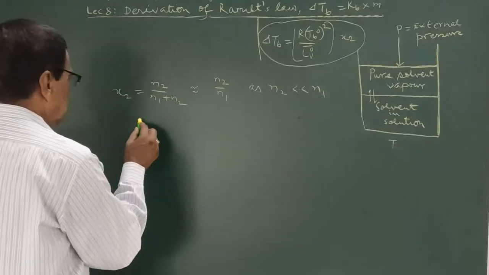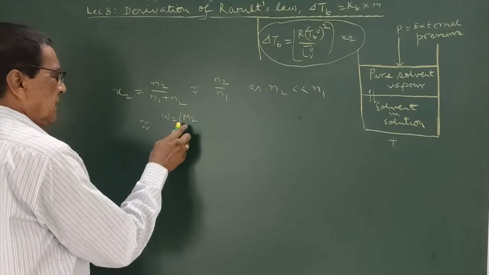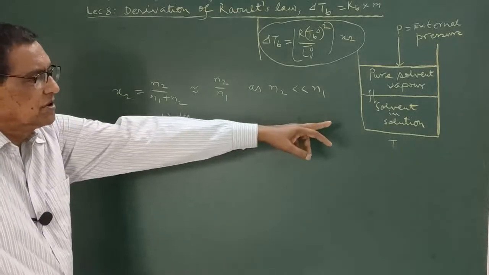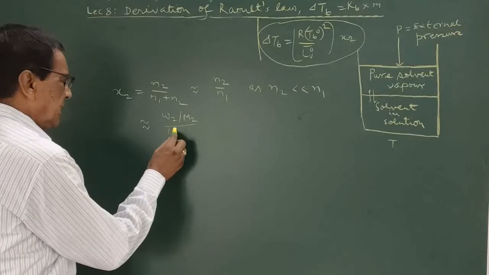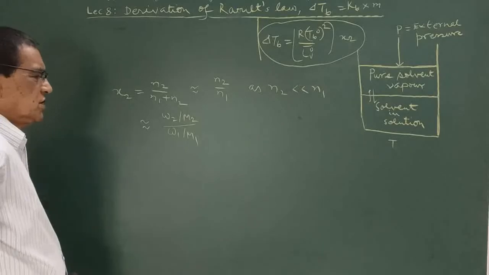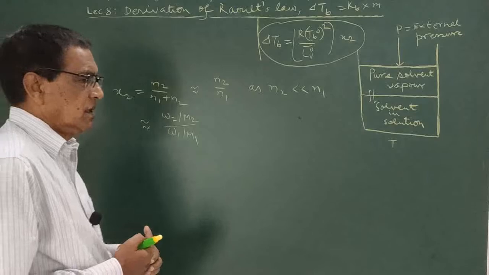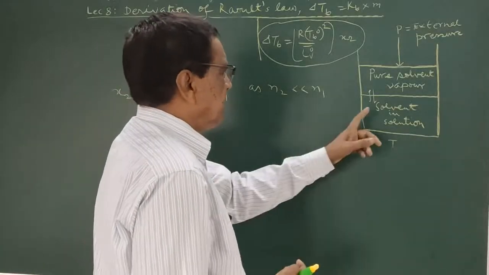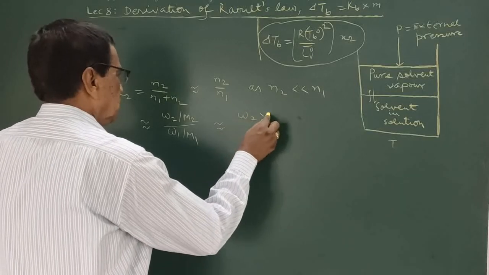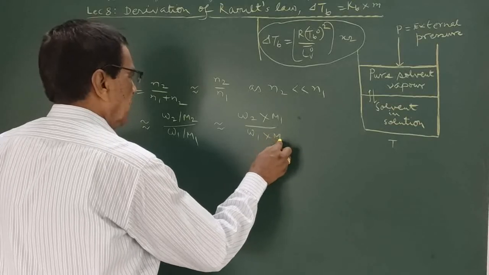So this could be written as W2 by M2, where M2 is the molar mass of this solute and W2 is the weight taken of this solute in solution, and W1 divided by M1, where M1 is the molar mass of this solvent and W1 is the weight of the solvent taken in this solution. So this will be equal to W2 into M1 divided by W1 into M2.